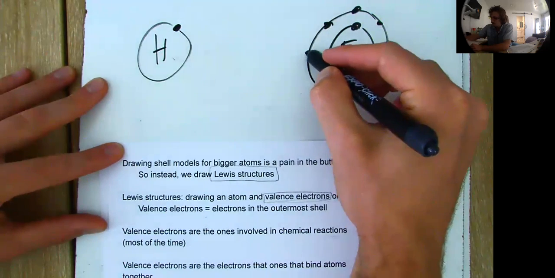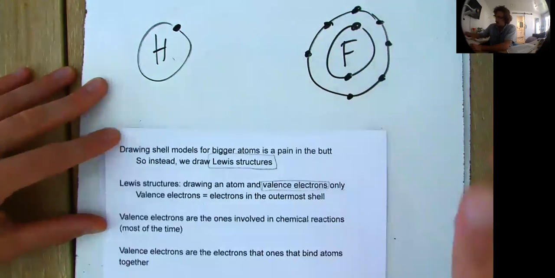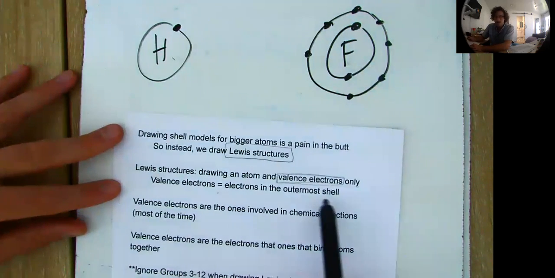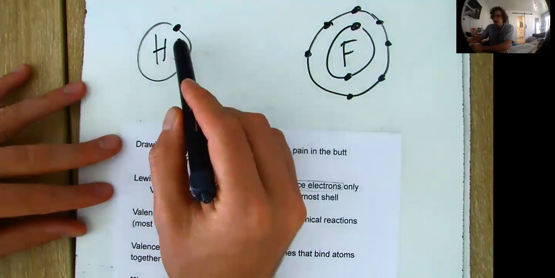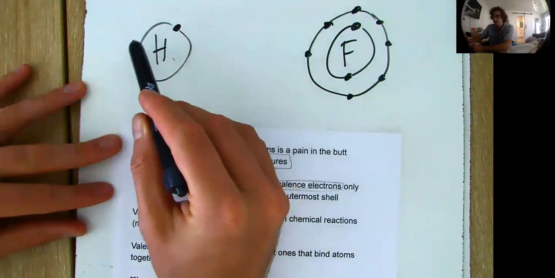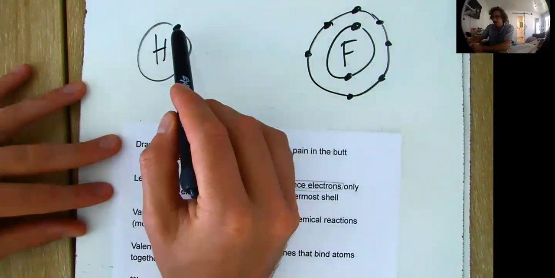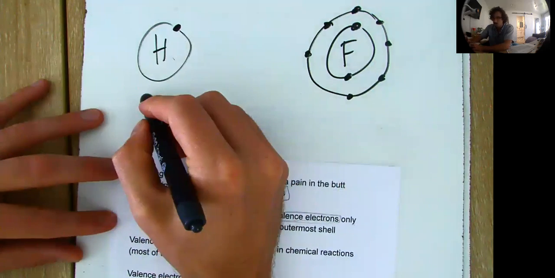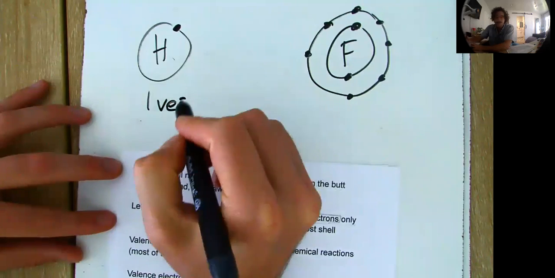Yep, that's a total of 9 electrons. When it says valence electrons, it's the ones that are on the outermost shell. Since hydrogen only has one shell, the valence electron is that one electron on that shell. So we can say it like this, one valence electron.